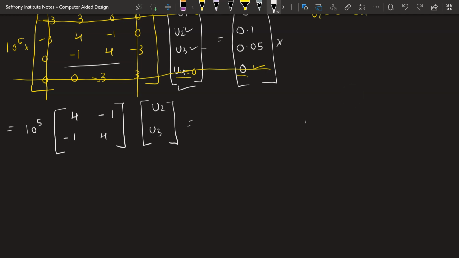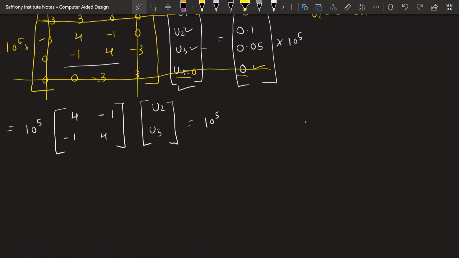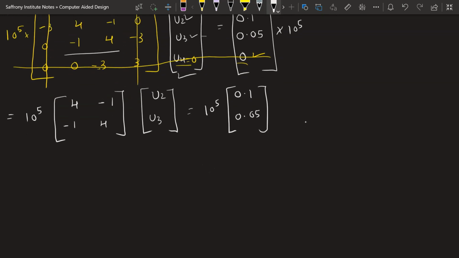Sorry, I forgot to multiply it by this 10 raised to 5. So we have 10 raised to 5 multiplied by 0.1 and 0.05.